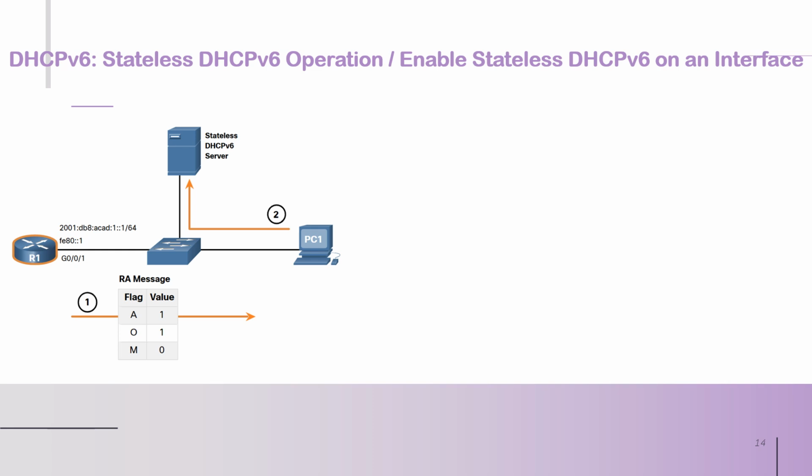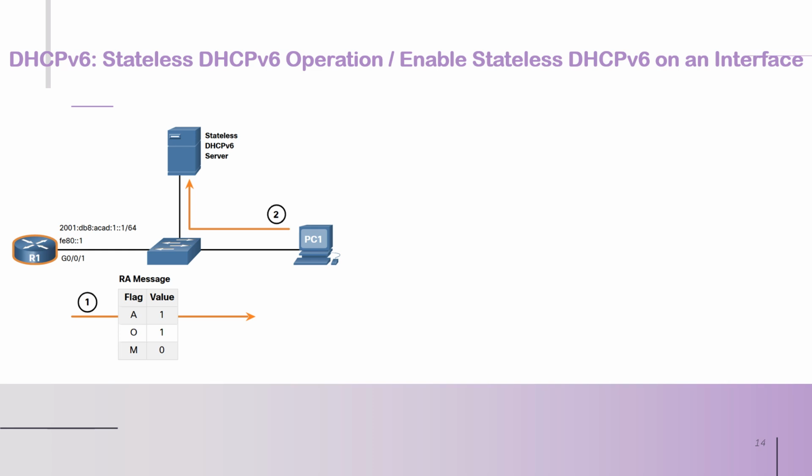You see that PC1 receives a stateless DHCP router advertisement message. The router advertisement message contains the network prefix and prefix length. The M flag for the stateful DHCP server is set to the default value 0, while the A flag is 1, and it tells the client to use stateless address auto configuration.